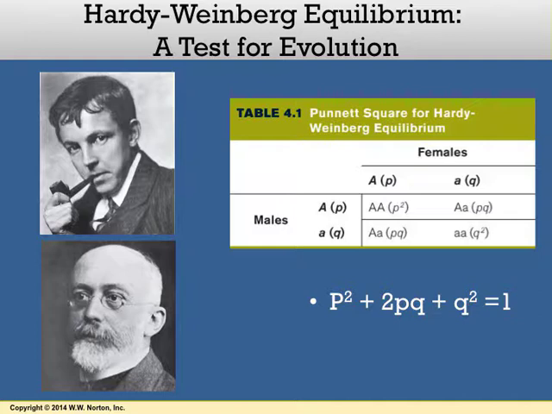So 9% of the offspring will be little a. The frequency of individuals who are heterozygous will be 2pq, or 2 times 0.7 times 0.3, which is 42%. These frequencies, 49%, 9%, and 42%, all add up to 100%.